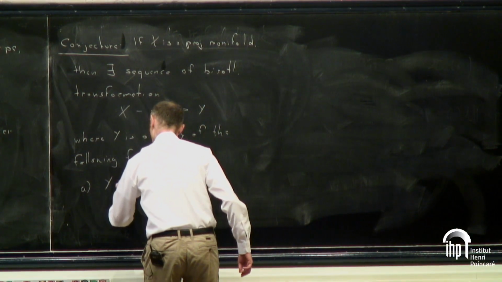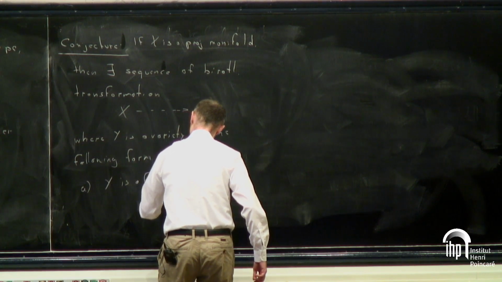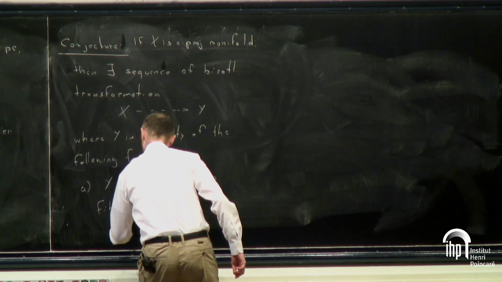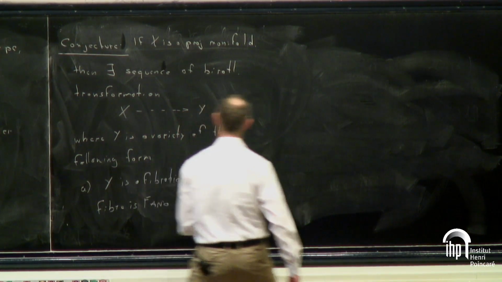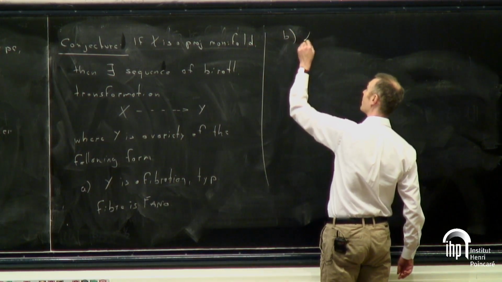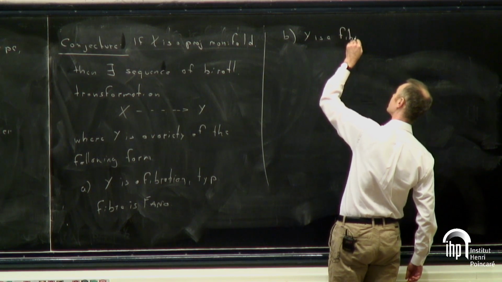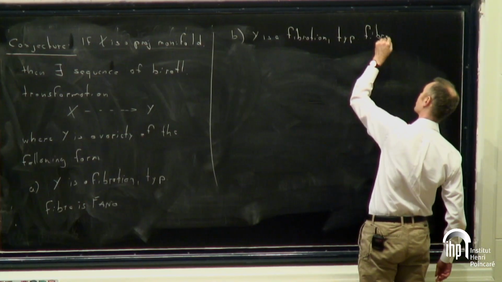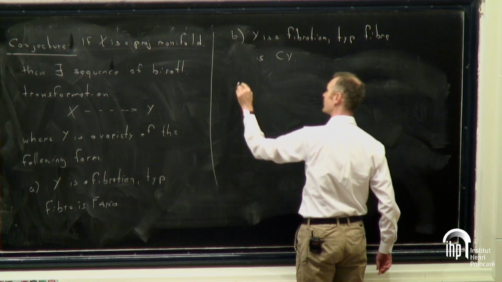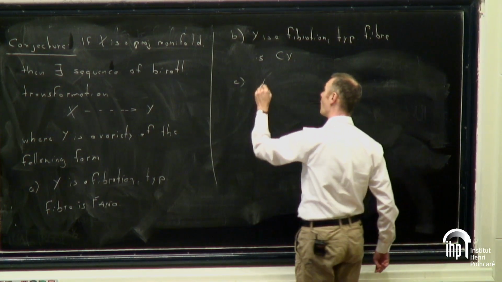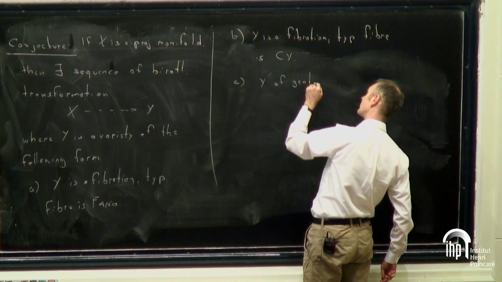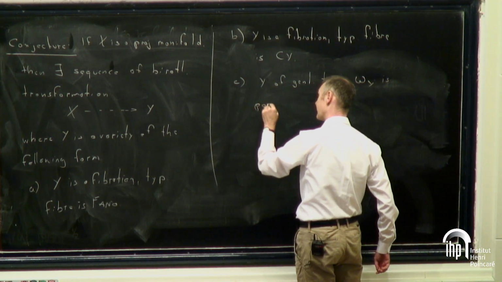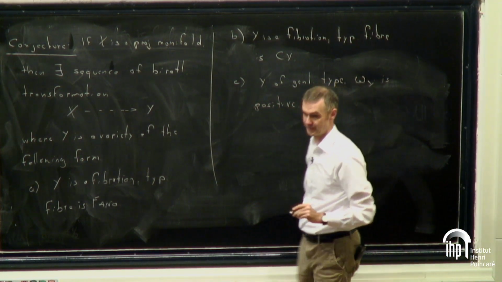So Y is a fibration, typical fiber is Fano, or Y is a fibration, typical fiber is Calabi-Yau, or Y is of general type, and omega Y is, again, positive.